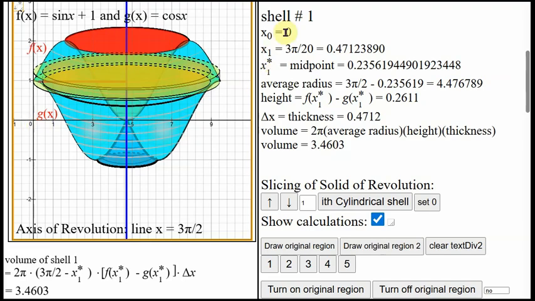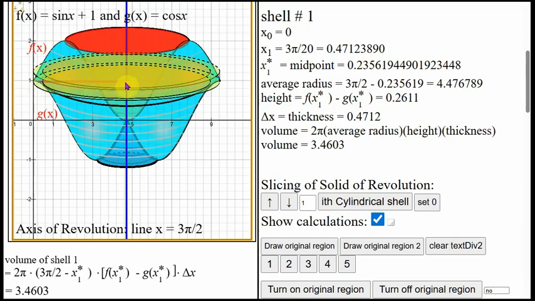The first sub-interval will be from 0 to 3 pi over 20, meaning multiply this number here by 1/10, and we get 3 pi over 20. The midpoint right here is going to be 0.2356.